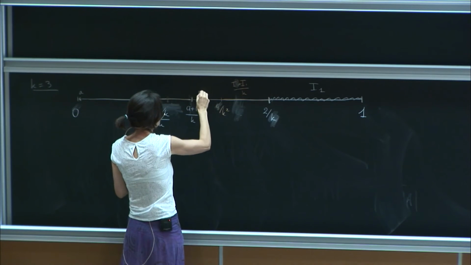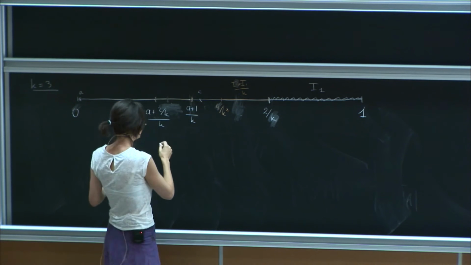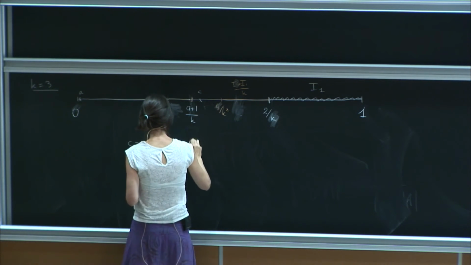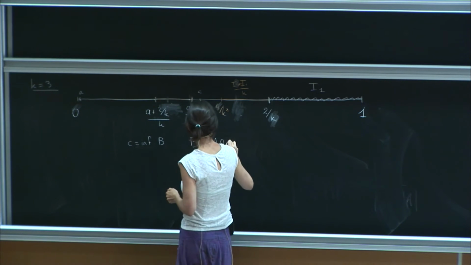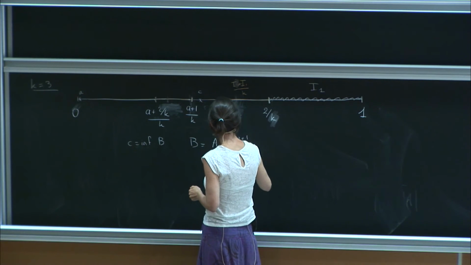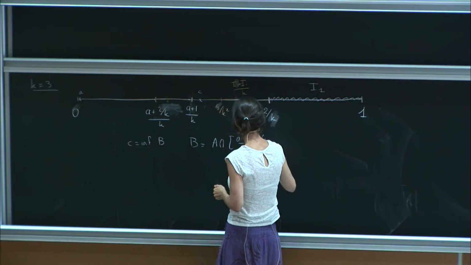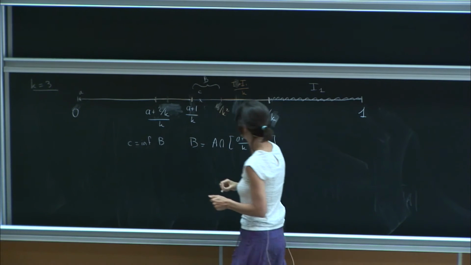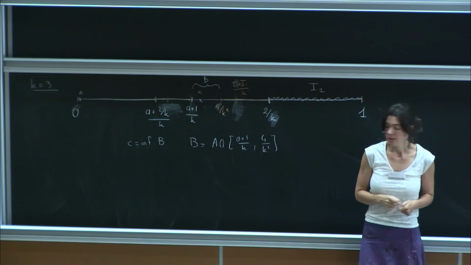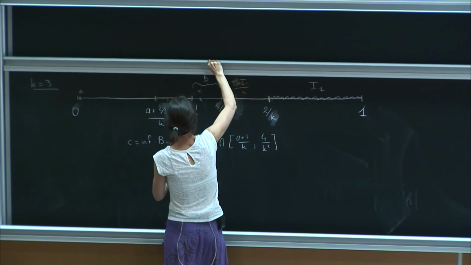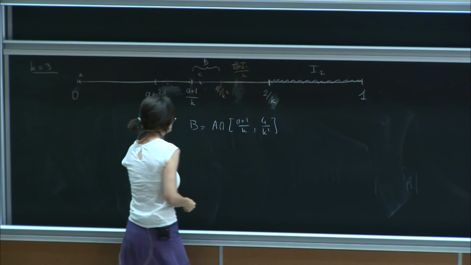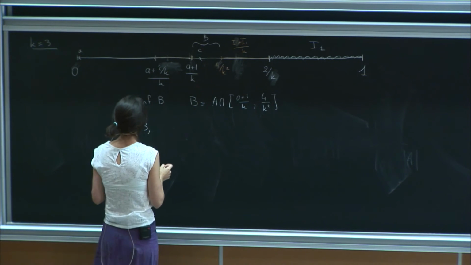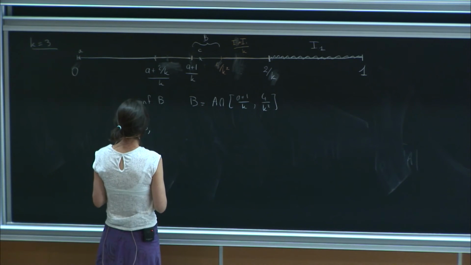Let's say that you have C here, which is the infimum of B, B being the set of A intersected with this interval. So that's what is here.